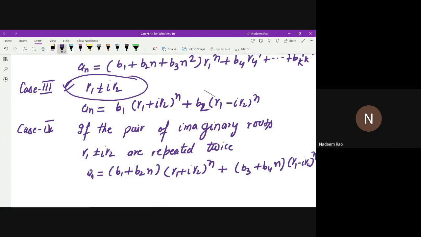Okay, if the roots are repeated, then b1 plus b2 n times (r1 plus iota r2) to the power n, and b3 plus b4 n times (r1 minus iota r2) to the power n, if the imaginary roots are repeated twice.